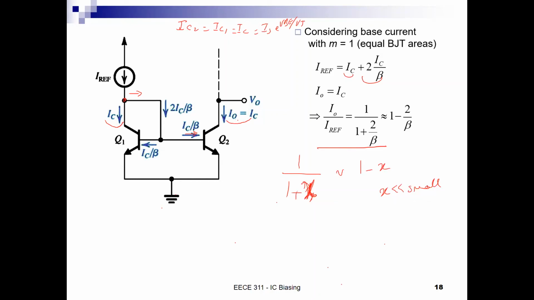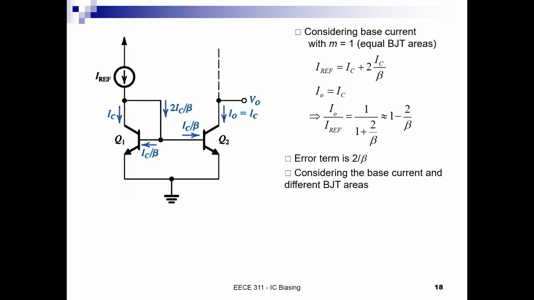If beta is 100, how much is this, for example? 0.98. It's close to 1, but there is an error term. So I have an error term because of the base current. Great. So the error term is 2 over beta because of the base current.